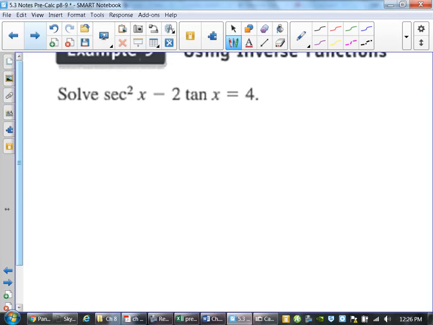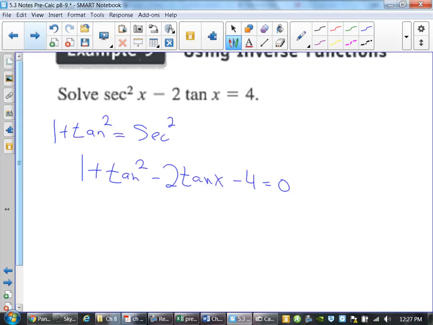Now, if you look at your notes, we know that 1 plus tangent squared is secant squared. That was one of the Pythagorean identities. So right off the bat, you're going to be substituting in a Pythagorean identity to help solve the problem. So we get 1 plus tangent squared x minus 2 tangent x minus 4 is 0.